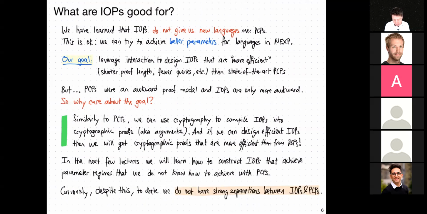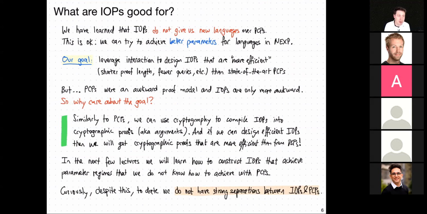Now, the state of the art today is that there are all kinds of things that we know how to do with IOPs. There have been 5 years of research in IOPs, and there has been a lot of progress. And there are regimes that we absolutely do not have any idea how to achieve with PCPs, yet we also don't have separations. For all we know, 500 years from now, we will understand PCPs so well that everything achievable by an IOP is also achievable by a PCP if you just work hard enough, okay?